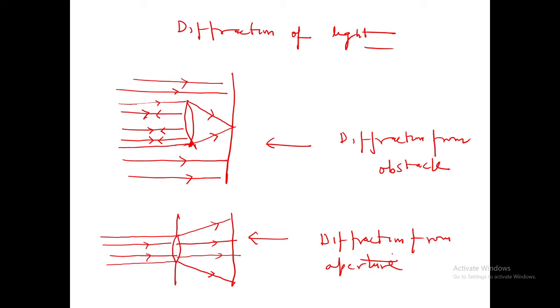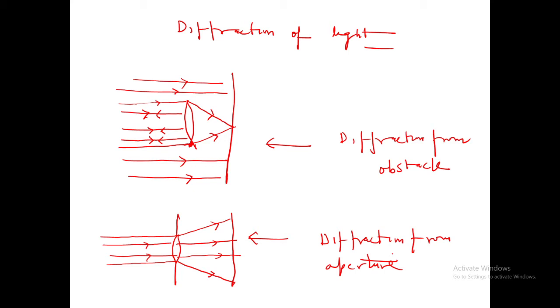Secondly, in an interference pattern, waves from two distinct coherent sources interfere, whereas in a diffraction pattern, secondary wavelets spreading out from different points of the same wavefront interfere.